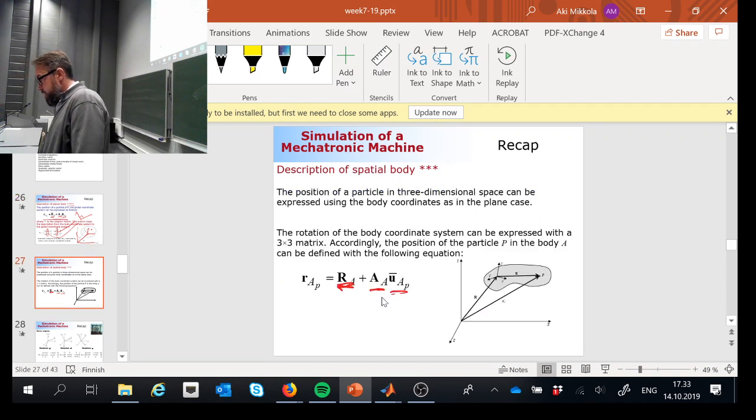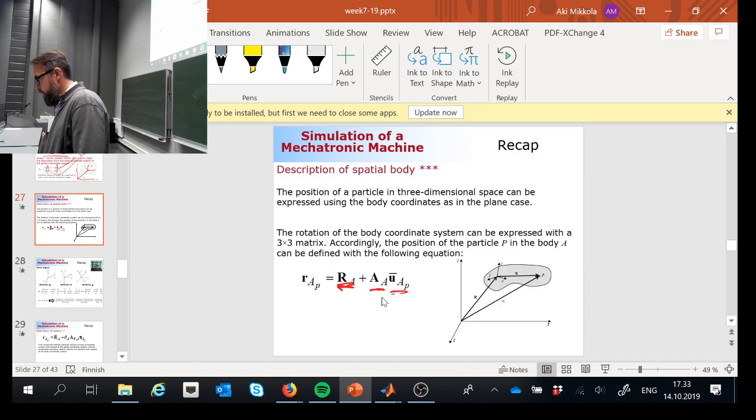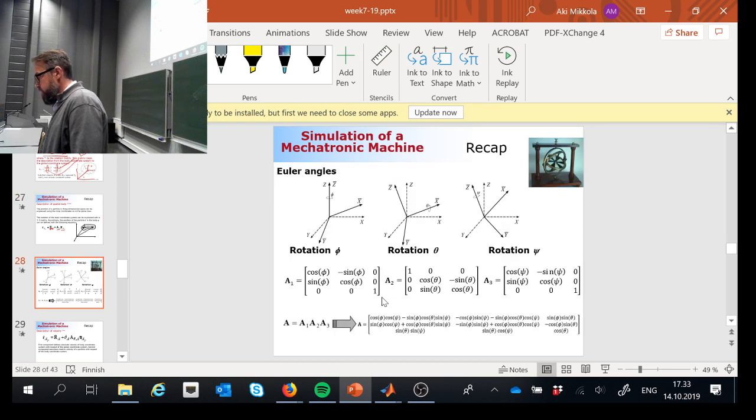Okay, so that's a spatial body. Euler angles are not even rated because they are part of the spatial body. We learned that there's a way to describe the orientation in 3-dimensional space by using 3 successive rotations.